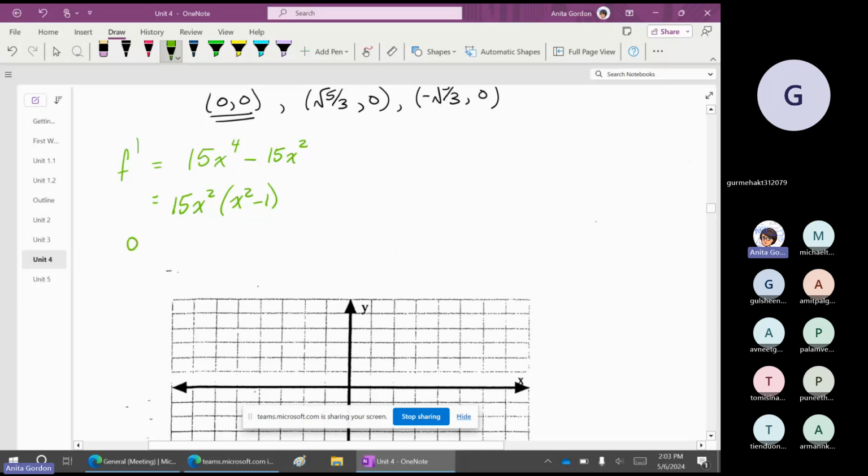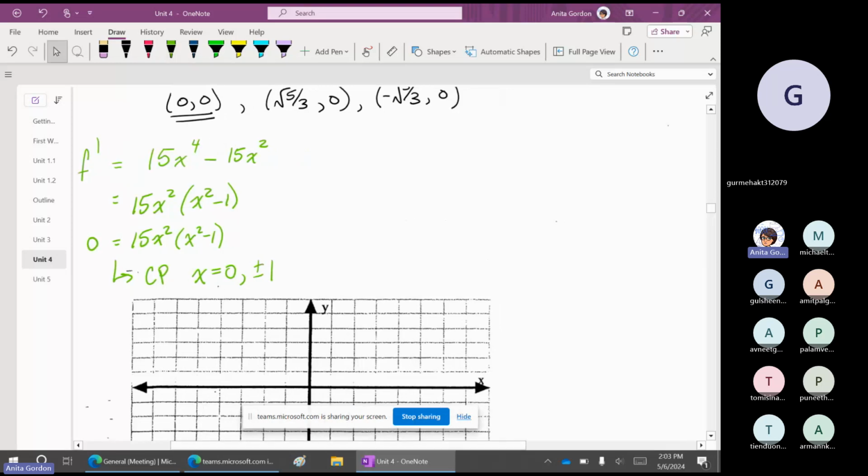Okay, and if I want this to be 0, I don't need to factor further, because I'm just looking for zeros, right? Okay, this tells me that I have critical points, CPs, where x equals 0 and plus or minus 1.